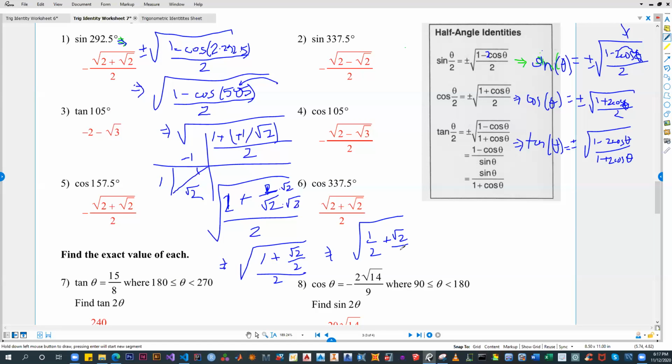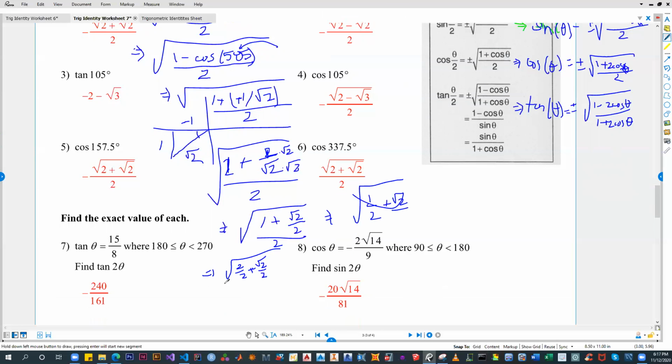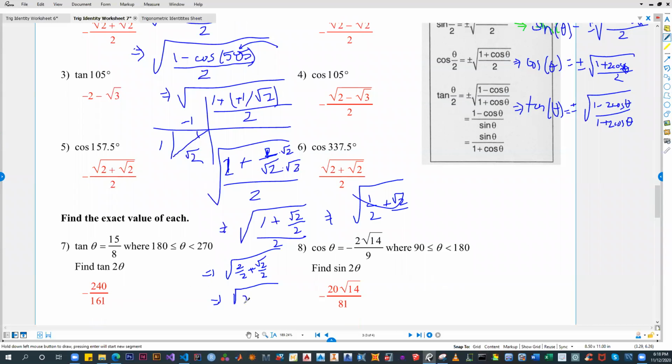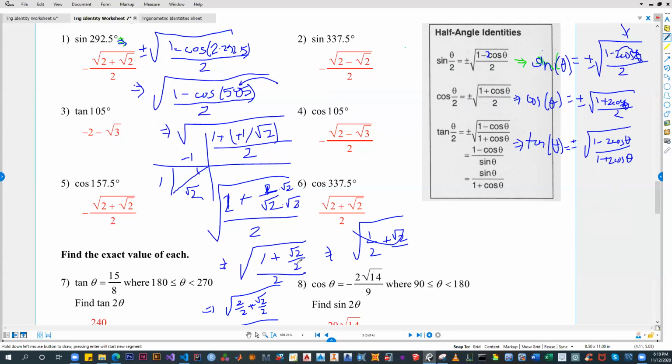So when you do, let's see, 2 over 2. Yeah. Okay, so it's actually 2 over 2 plus root 2 over 2. And then that right there up top would be root 2 plus root 2. And I think the 2, yeah, you do get the 2.